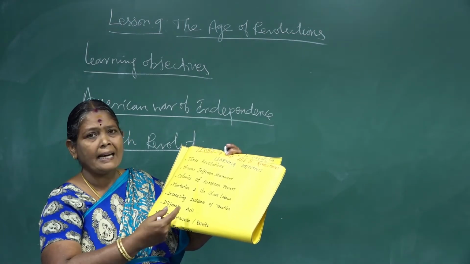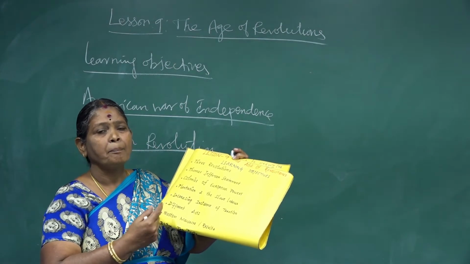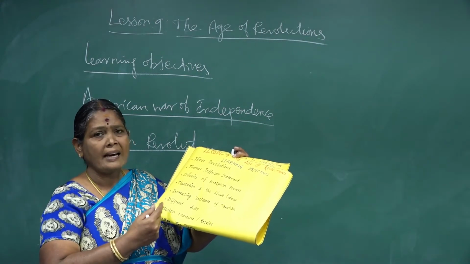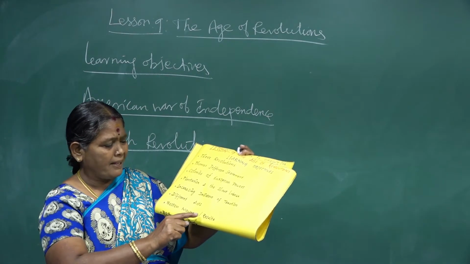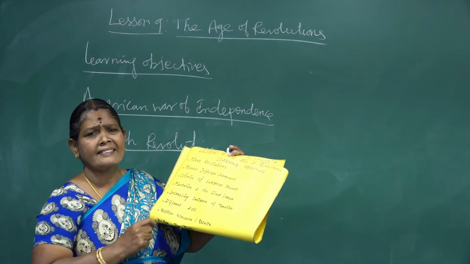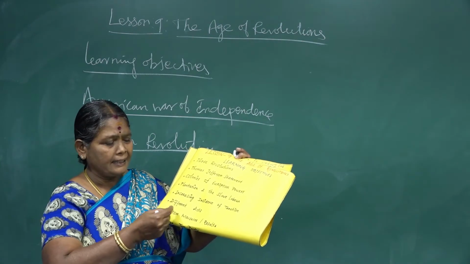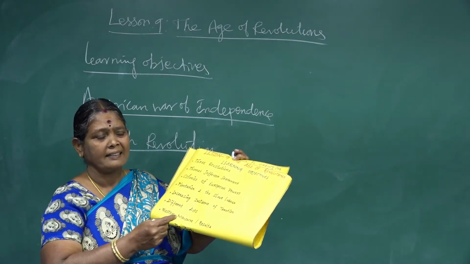Next, different acts. The colonial powers brought many acts to collect revenue and suppress the people. Next, the Boston Massacre and its result. Because of those sufferings, in the place of Boston, many people were massacred.